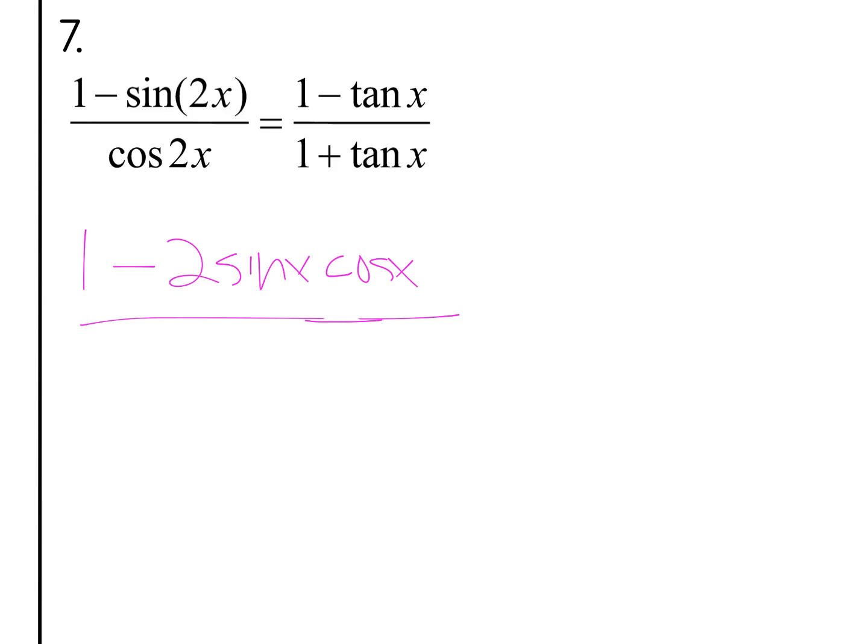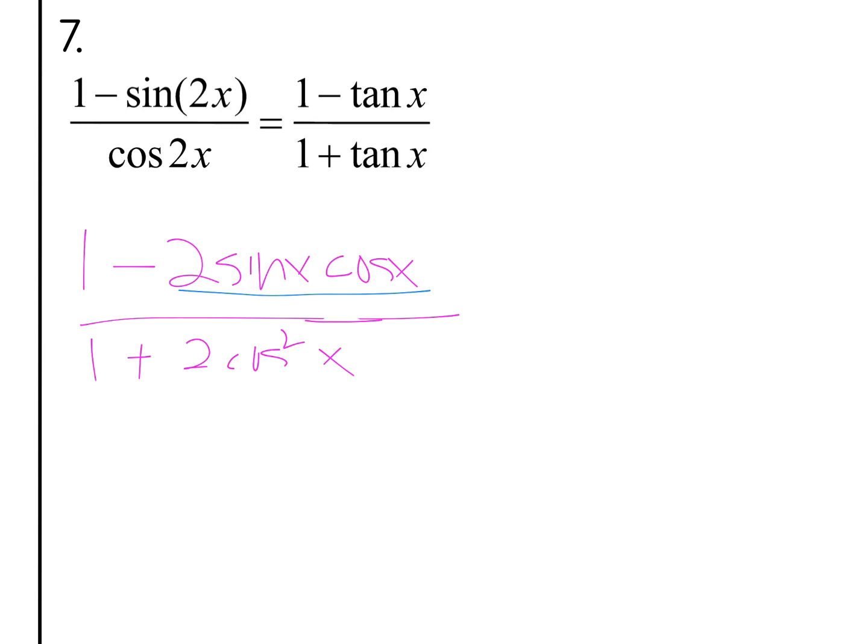So to turn that top right piece into the tangent, I'm going to divide by 2 cosine, right? So I'm going to write, instead of cosine squared minus sine squared, I'm going to write it as 1 plus 2 cosine squared, because there are 3 different versions of the cosine of 2x. The reason I'm doing that is because I want this to become tangent.